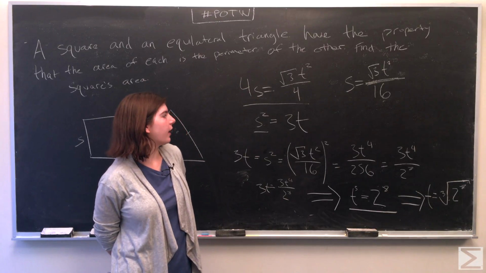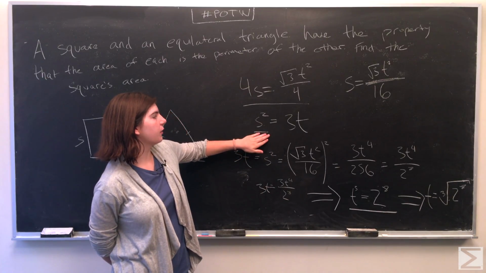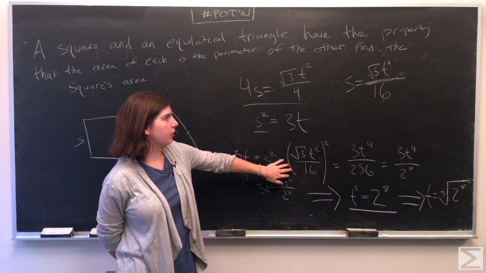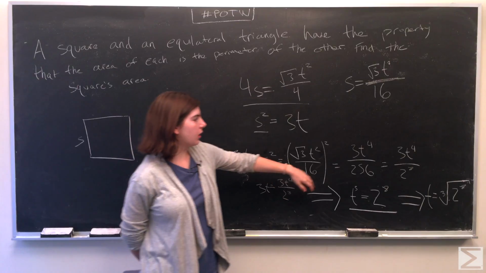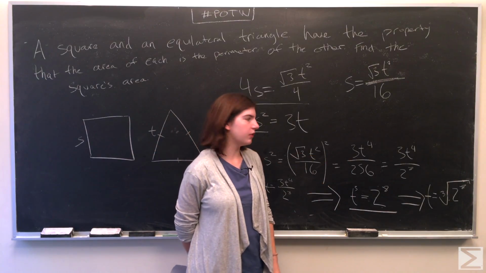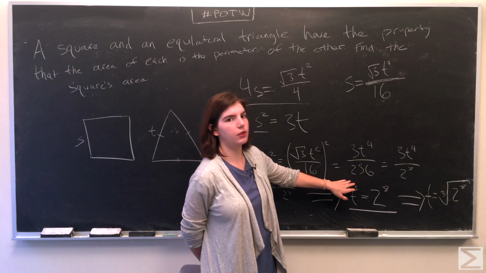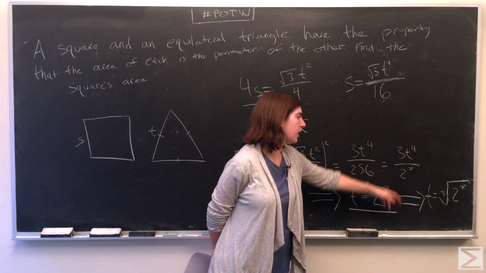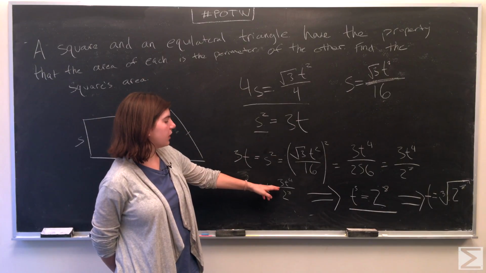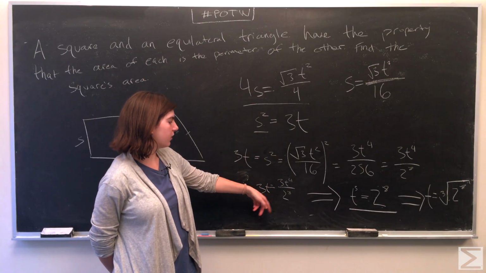We plugged that value into s squared equals 3t, so we squared the whole quantity, and we have 3t to the 4th all over 256. We rewrote 256 as 2 to the 8th. So now we have 3t is equal to 3t to the 4th all over 2 to the 8th.